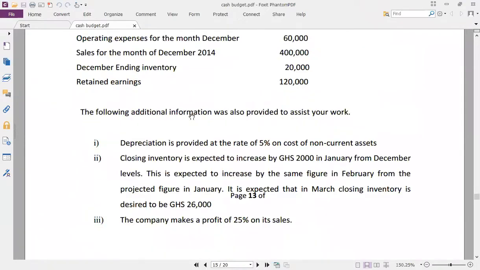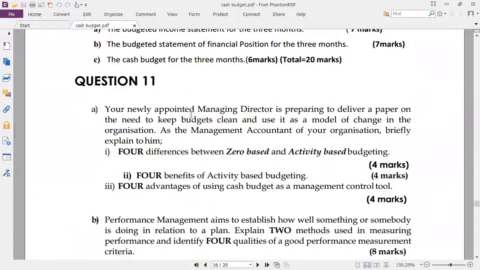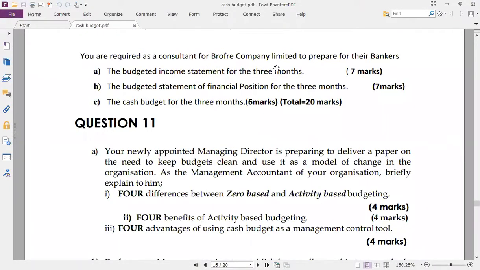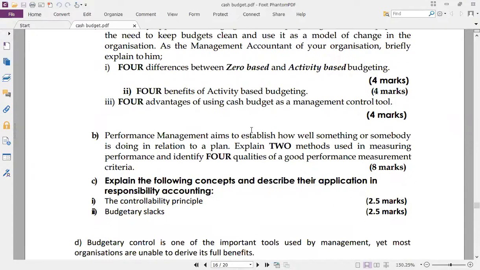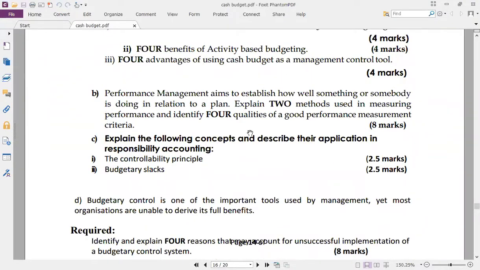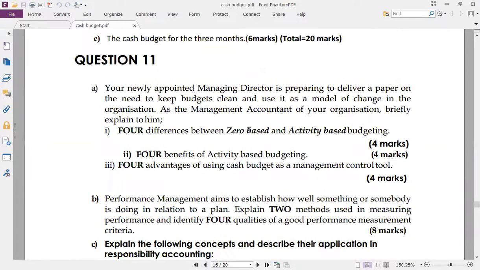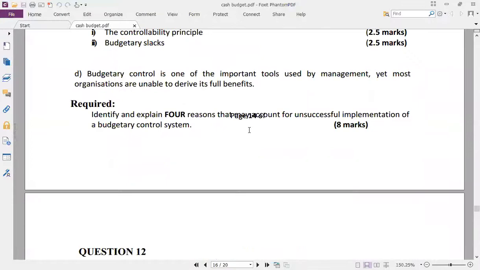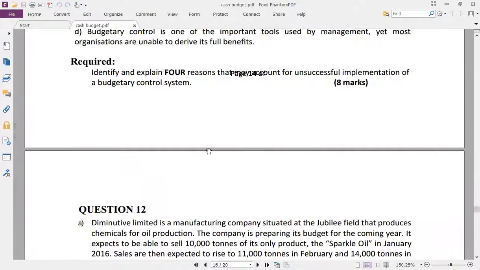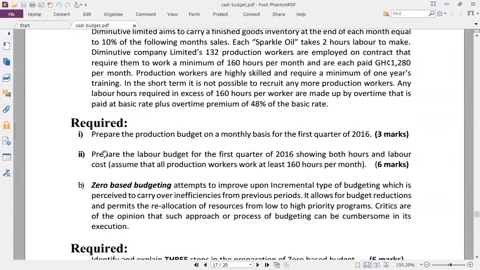So, the budgeted income statement for 3 months, financial position and cash budget, all going for 20,000 marks. This particular question has been solved recently.